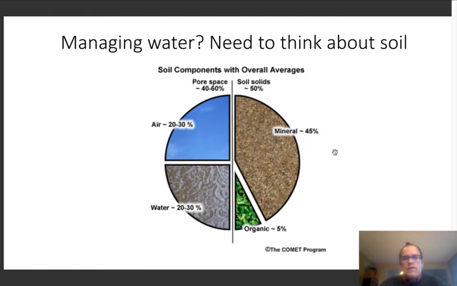Managing water. In order to manage water, you need to think about the soil and the quality of the soil. Soil is not just soil, of course. It's a mixture of many different things. The truly mineralized matter has been broken down many times until it is really just mineral that is left. That makes up a little less than half of the soil that you're talking about.